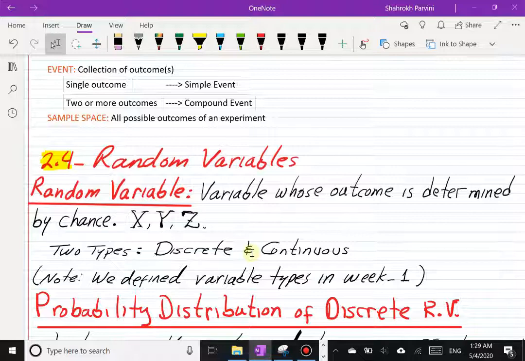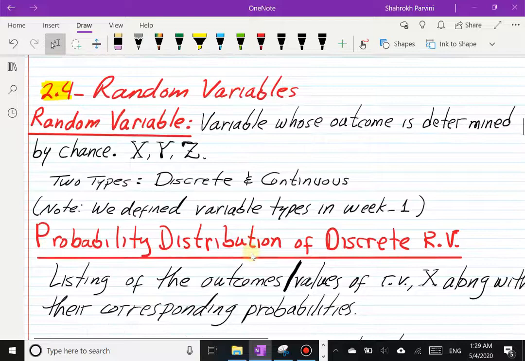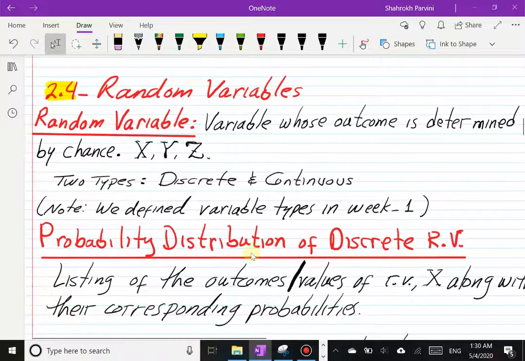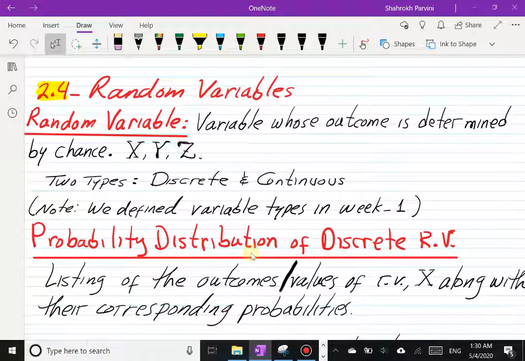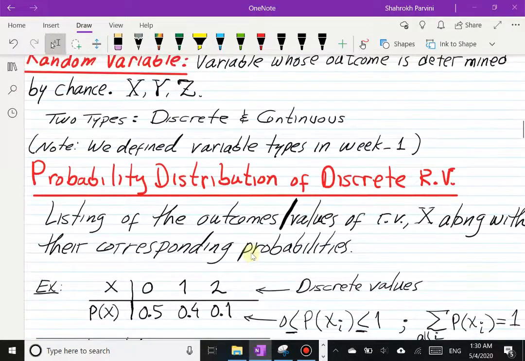The probability distribution of a discrete random variable is simply a listing, like a table, of the outcomes or values of that random variable, call it X, along with the corresponding probabilities. That's all it is. It's a simple table. Usually it has 2 rows or 2 columns. In this case, I have 2 rows.